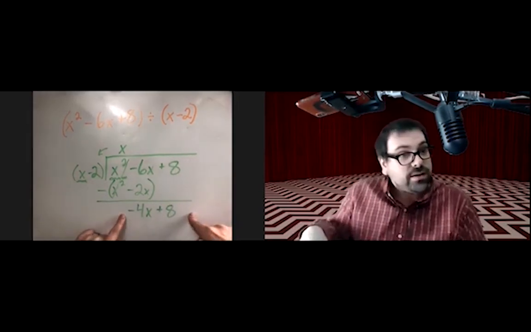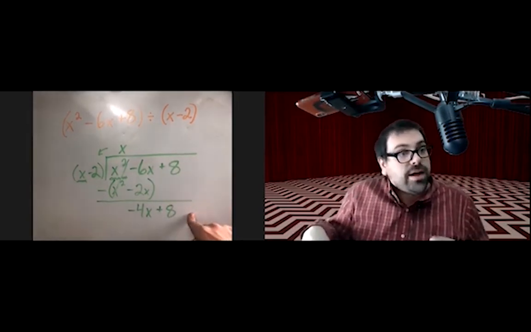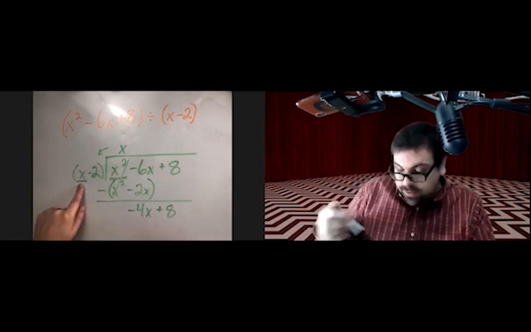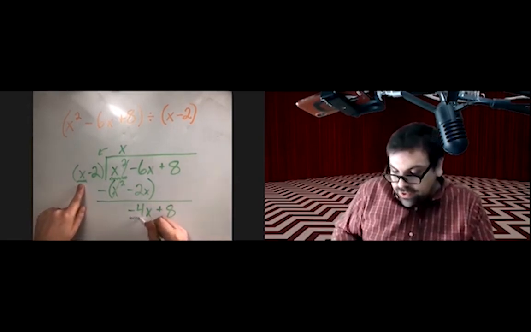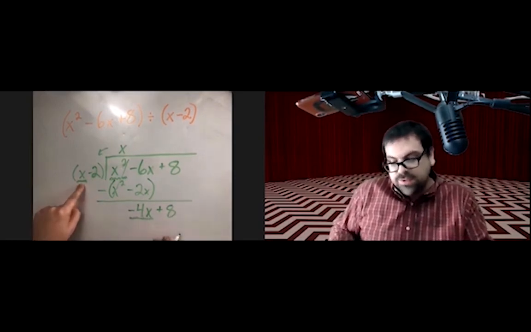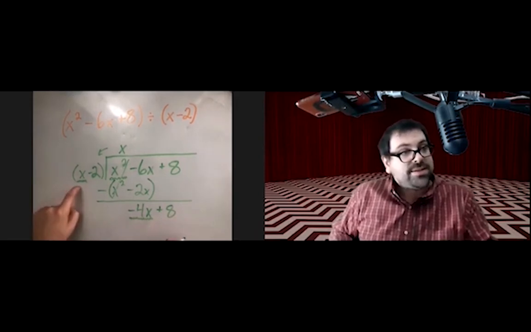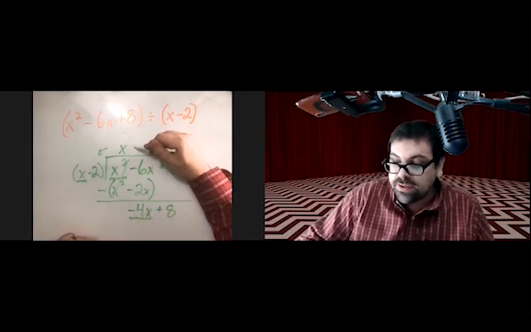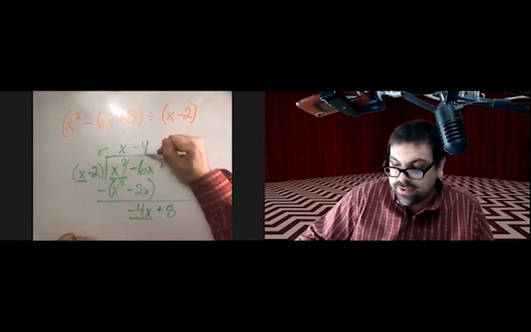Now we're focusing here. We're going to do the same thing. Look just at this first term. This times what gives us this? X times what is negative 4x? X times negative 4 is negative 4x.